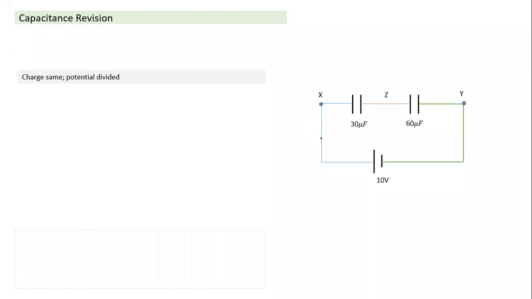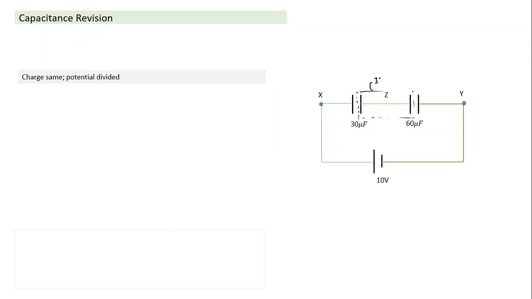Combination of capacitors. In this case, these two capacitors are connected in series. What points can we understand in case of series combination? If two capacitors have a direct connection, the two plates which are connected form an isolated system.